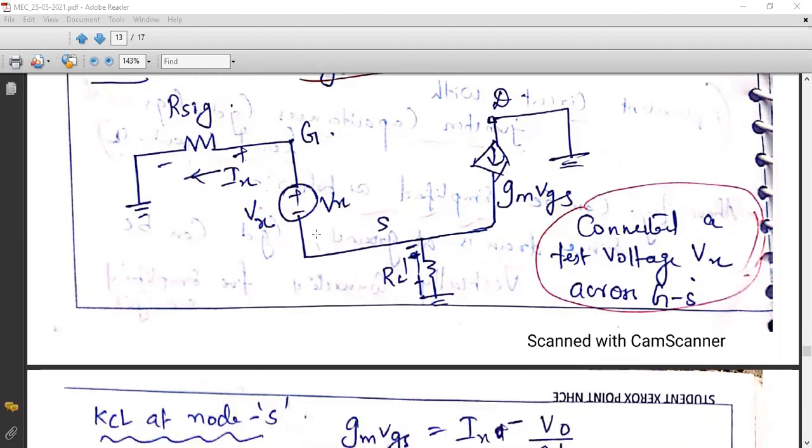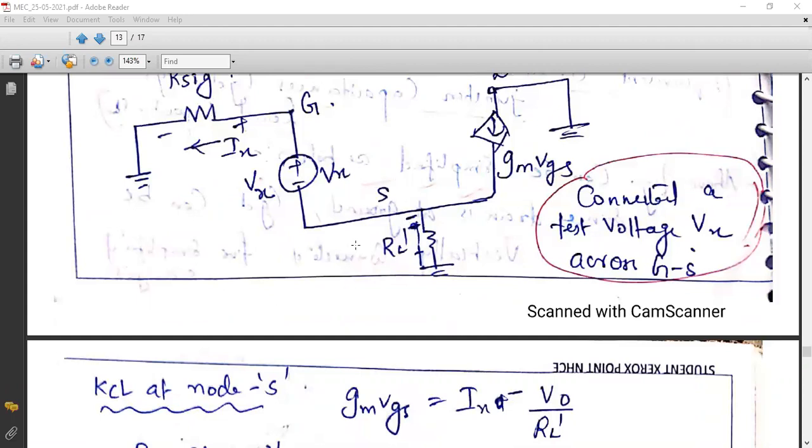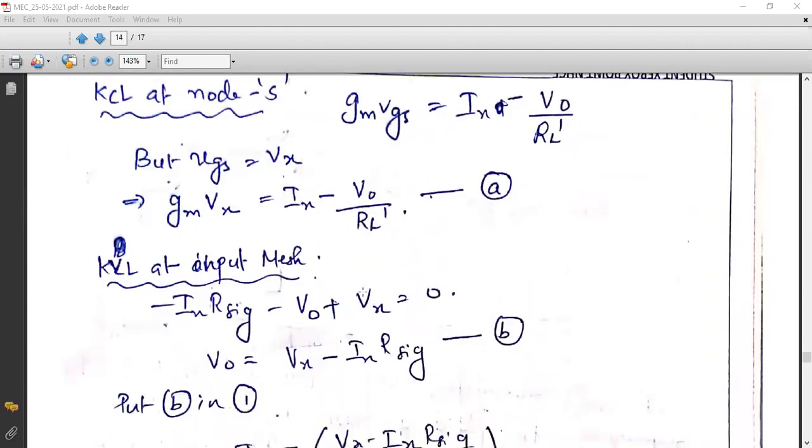Then the algebraic sum of all the voltages across a closed network will be 0. That is nothing but your Kirchhoff's voltage law or mesh analysis. So that equation I have written here: minus Ix into Rsig minus V0 plus Vx is equal to 0. Now, if you rearrange this equation, I can take V0 to the right hand side, so V0 will become Vx minus Ix Rsig.